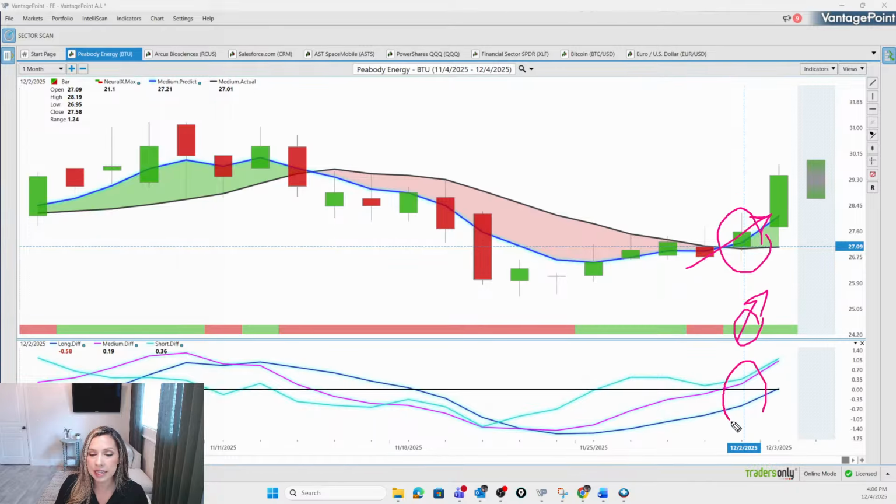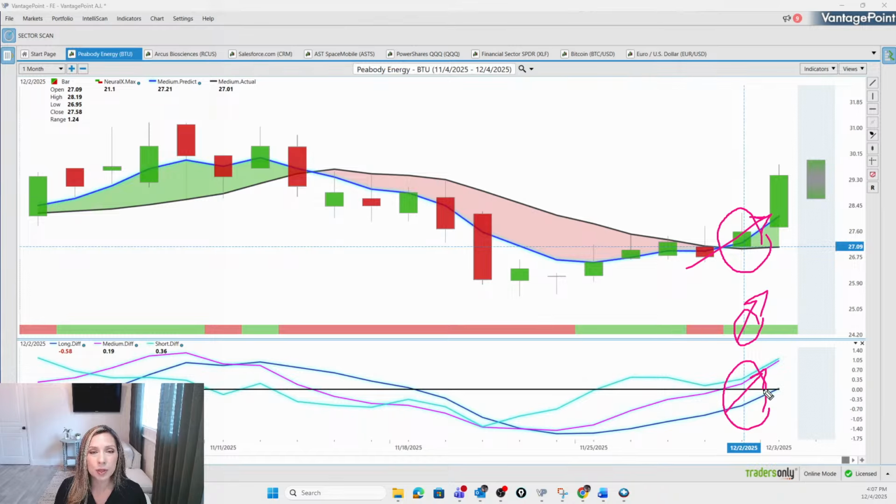And now we can see next is going to be the momentum or predictive differences, as we call them here in VantagePoint. Simply, these are measures of strength, but they're very powerful measures of strength because they are predictive. So everything we've walked through so far is going to be your predictive indicators. You want those all in agreement.